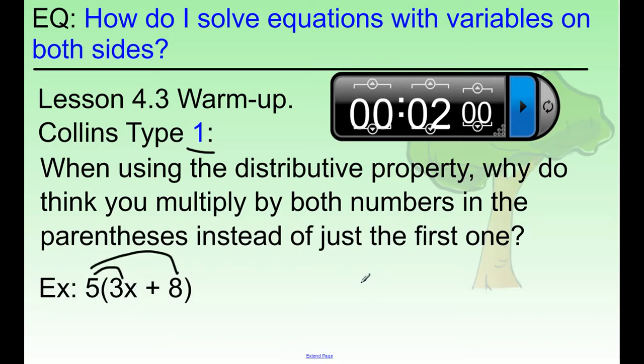And another way to think about this, if I just take out the x, if I have this, why would we multiply by both the numbers in the parentheses instead of just the first one? So think about your response, maybe do a test on the side of a sheet of paper or something like that, and then write your answer. Pause the video if you need the time a little bit longer, take 2 minutes. When you're ready to continue to the vocabulary, hit play, and we'll move on.